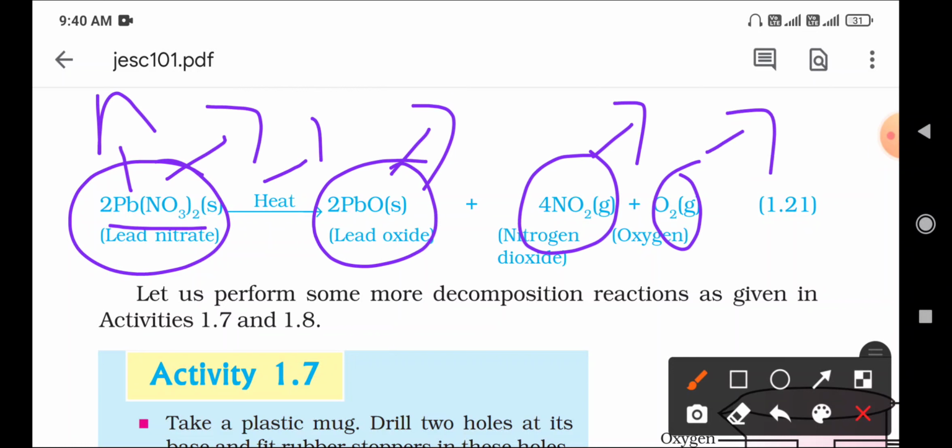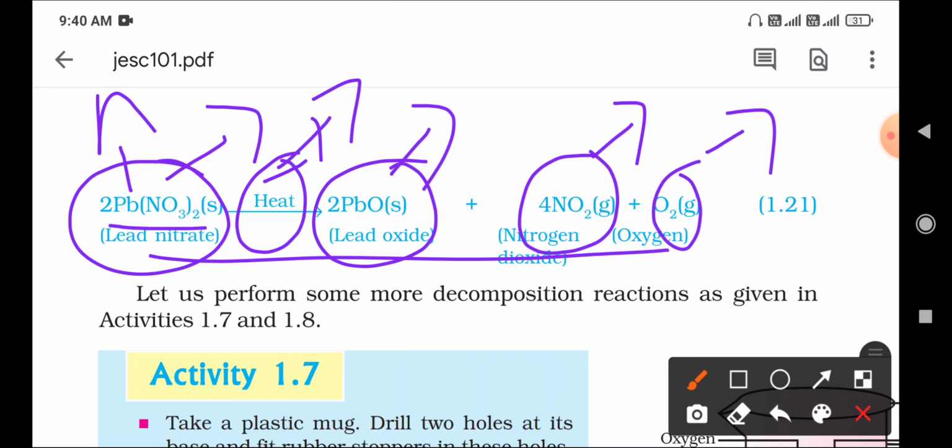You already know which type of reaction this is. Your guess is right: this reaction is called a thermal decomposition reaction. This is a decomposition reaction, correct? What have you given here? Heat. So this is also called a thermal decomposition reaction. This is one of the examples of a thermal decomposition reaction.